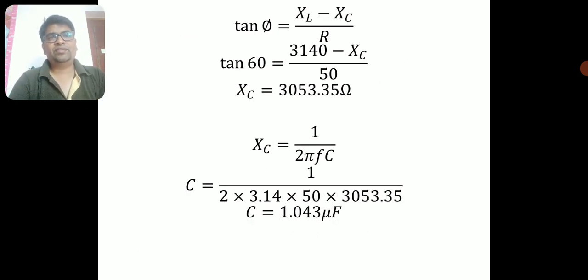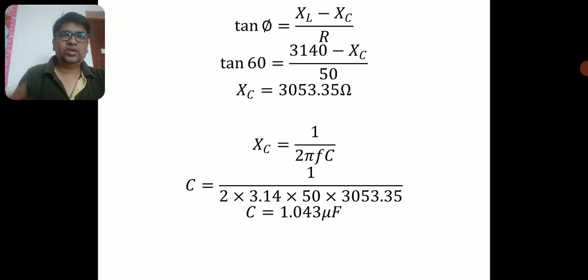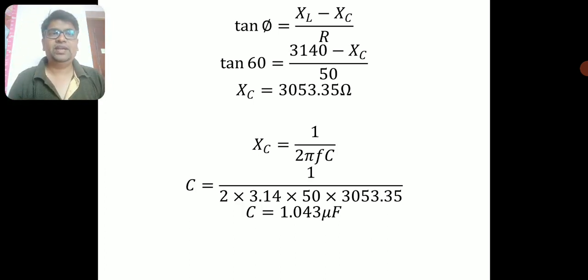Yeah. After finding this, let me find Xc, which is called capacitive reactance. So I know that tan phi is XL minus Xc divided by R. It is a series LCR circuit. I derived this using the j operator method in my last to last video.